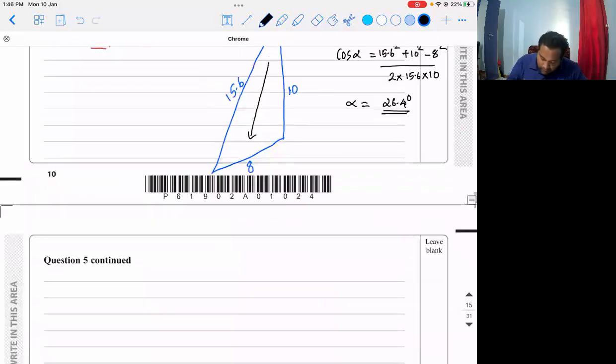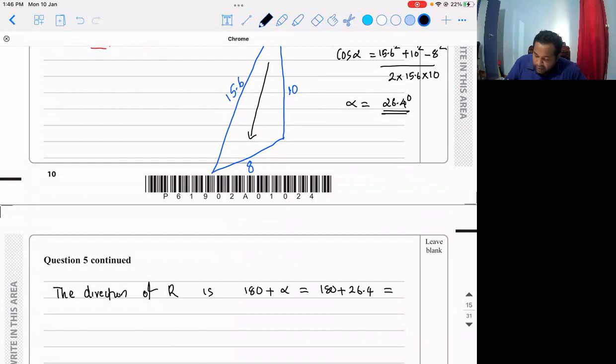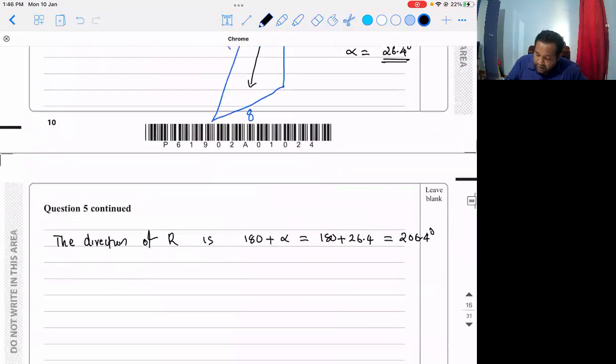Therefore, the direction of R is 180 plus alpha. So that is 180 plus 26.4, and that is going to be 206.4 degrees. And if you are rounding to three significant figures, I would say 206 degrees.